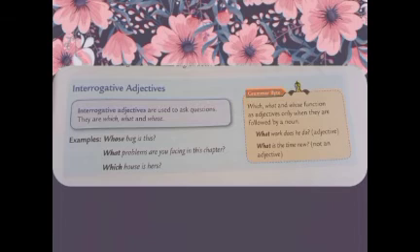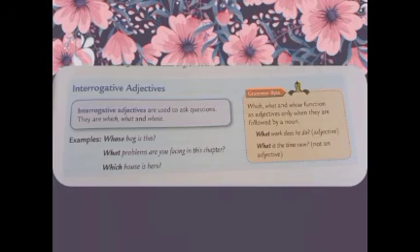Here, whose is an interrogative adjective. What problems are you facing in this chapter? Here, what is the interrogative adjective. Which house is yours? Which is here an interrogative adjective. So interrogative adjectives are used to ask questions. They are which, what, and whose.